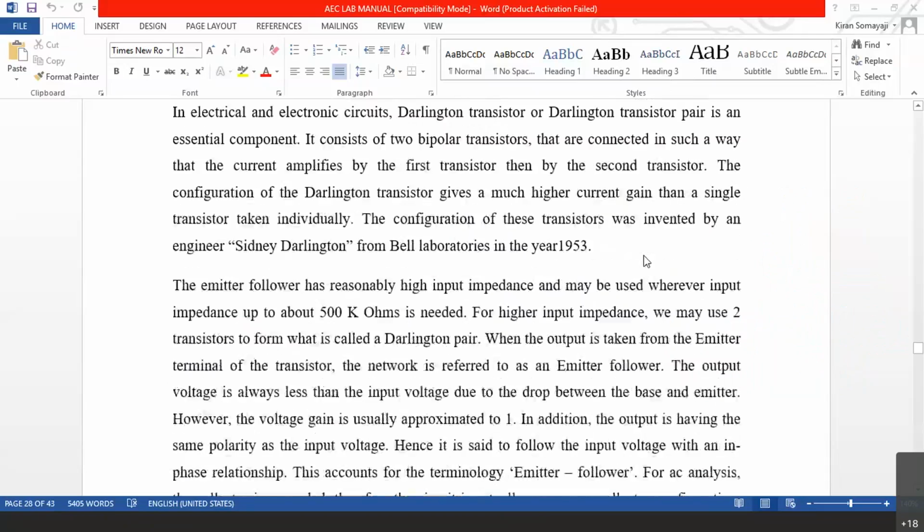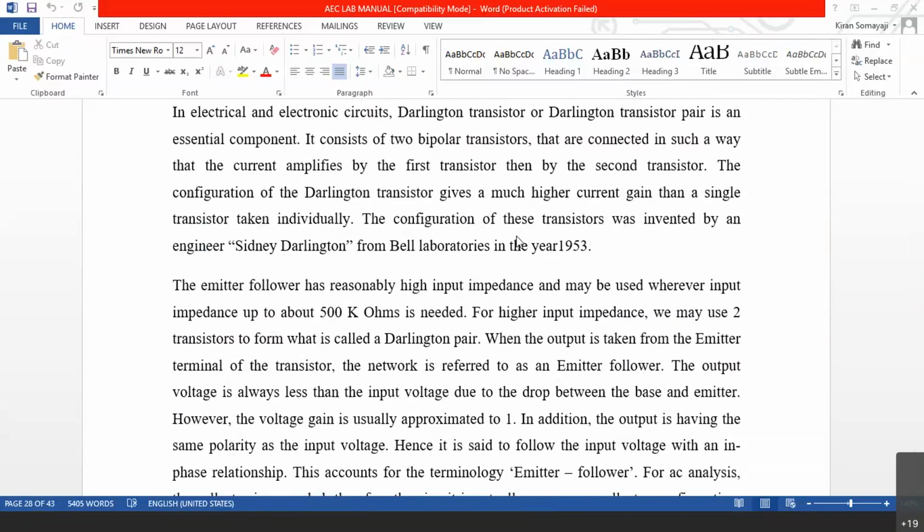So a brief theory is there, let me read it. In electrical and electronic circuits, the Darlington transistor or Darlington transistor pair is an essential component. It consists of two bipolar transistors connected in such a way that the current is amplified by the first transistor, then by the second transistor. The configuration of the Darlington transistor gives a much higher current gain than a single transistor taken individually.